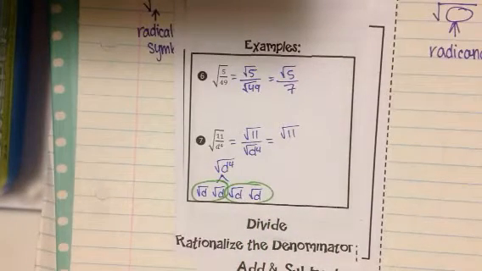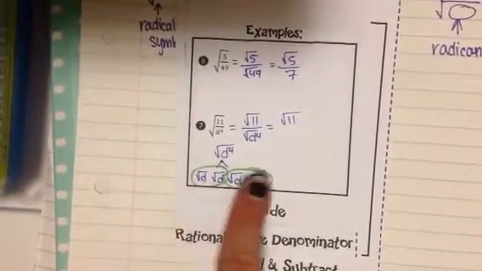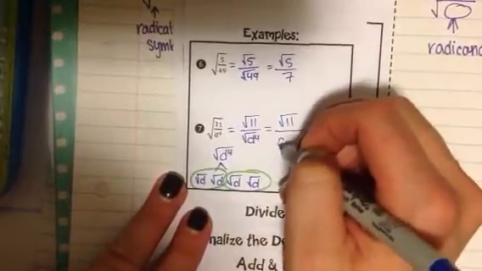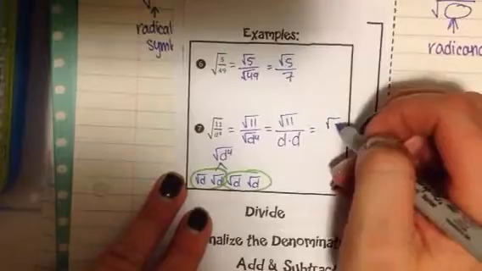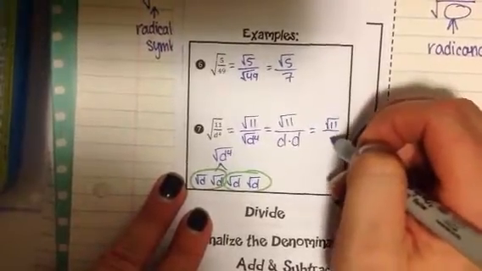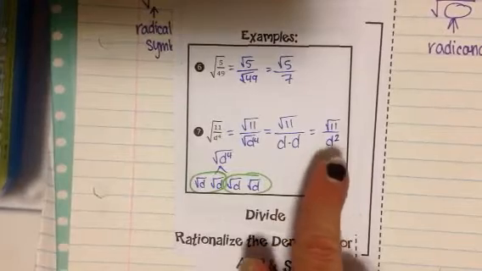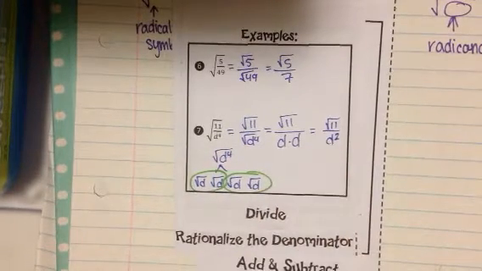I've got nothing left over. So pairs go out. So I have a pair of d's there and a pair of d's there. So on the bottom here, I'm going to have one set of d and another set of d. Well, when I combine those back together, I get that the square root of 11 over d squared. Again, d squared times d squared equals d to the 4th power. And that is our final answer.